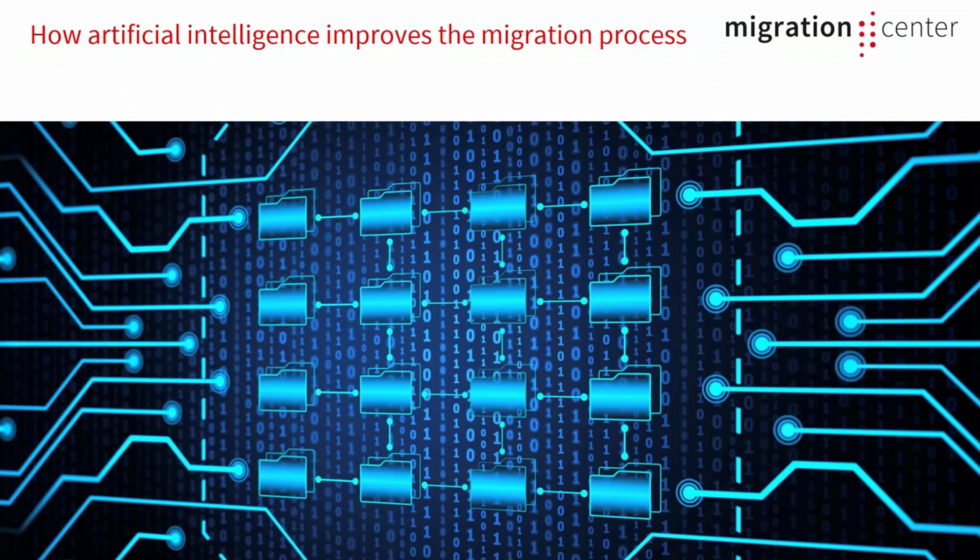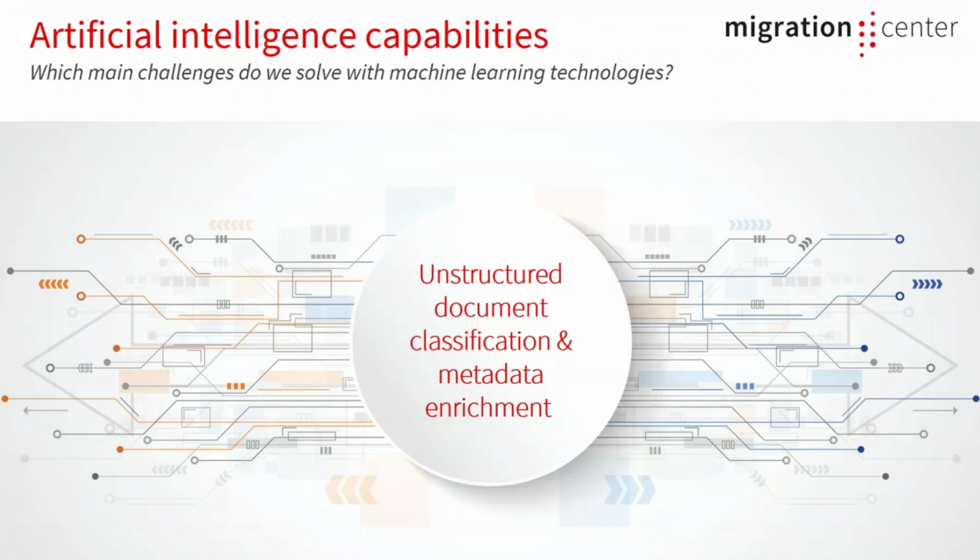Okay, so now let's go back to the initial question of how AI could be used within the migration context. Typically, what we learned over the decades of working together with our customers is that complex migrations can be very painful and expose many challenges, whether you use a product like Migration Center or not.